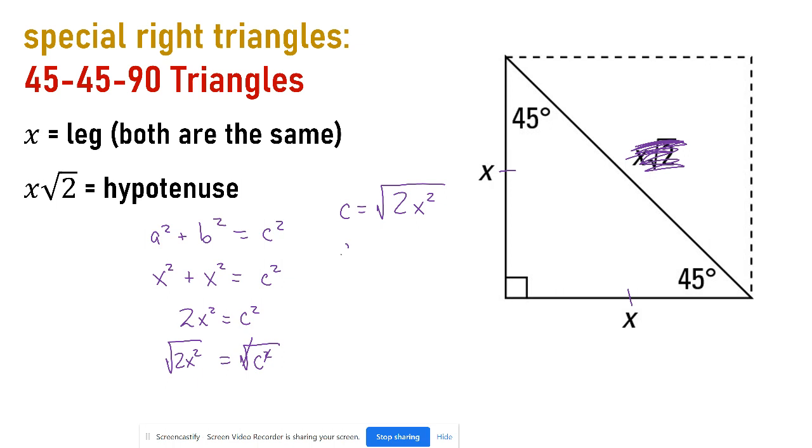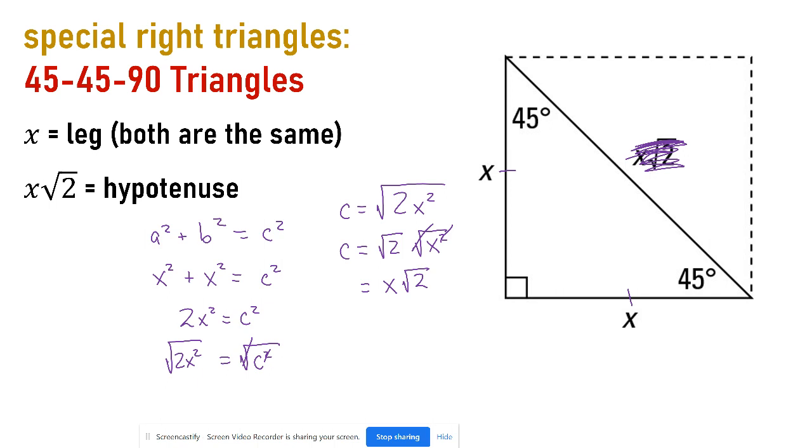You would break it up into 2 pieces, square root of 2 and the square root of x squared. The square root of x squared, we can simplify because a square and a square root cancel each other out, and so we're just left with plain old x. Square root of 2, we can't simplify. 2 does not have a perfect square root, so we just leave it as square root of 2. And that's what we end up with.